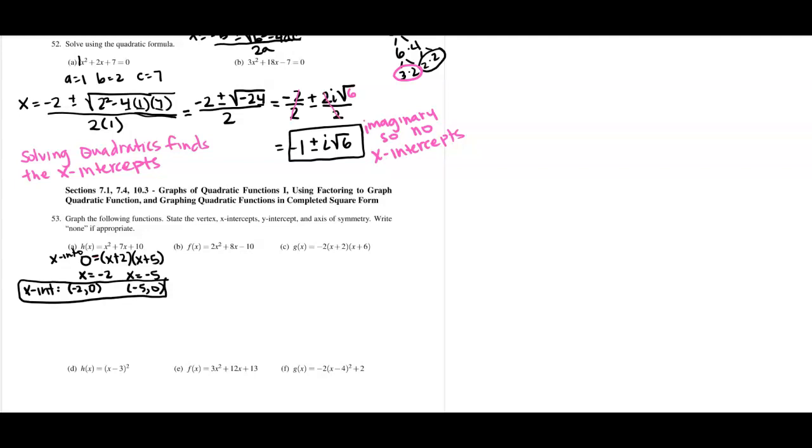To find the y-intercept, I let x equal 0 and solve for y. So for the y-intercept, I'm going to solve for y, so I'm going to have y equals 0 squared, I'm putting 0 in place of my x, plus 7 times 0, plus 10.